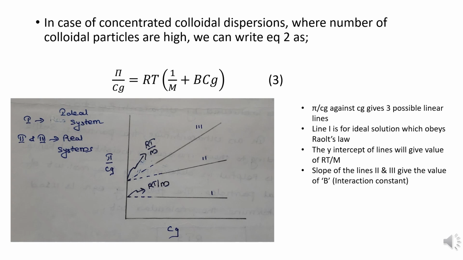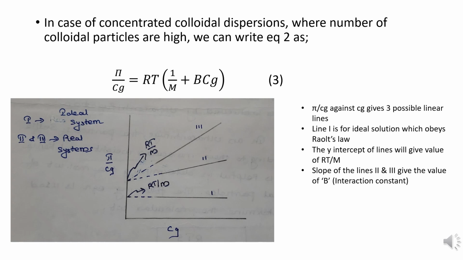So this equation modifies the simple Van't Hoff relation, pi equal to CRT. This equation is mainly used when the colloidal particles are high in concentrations.